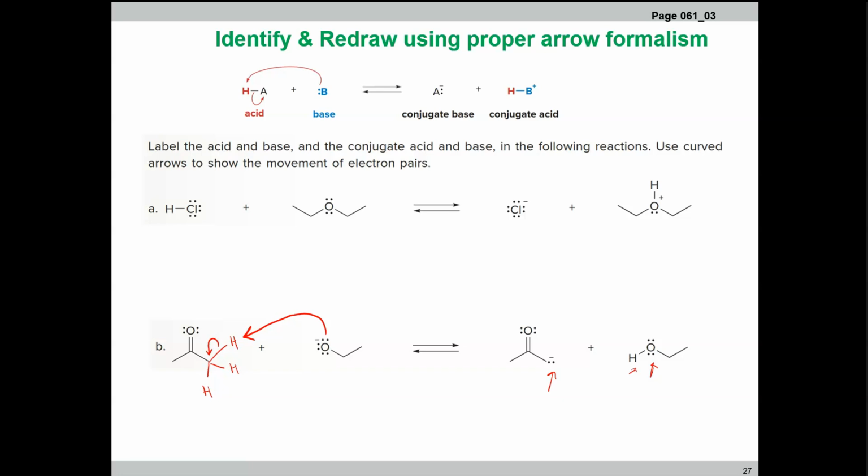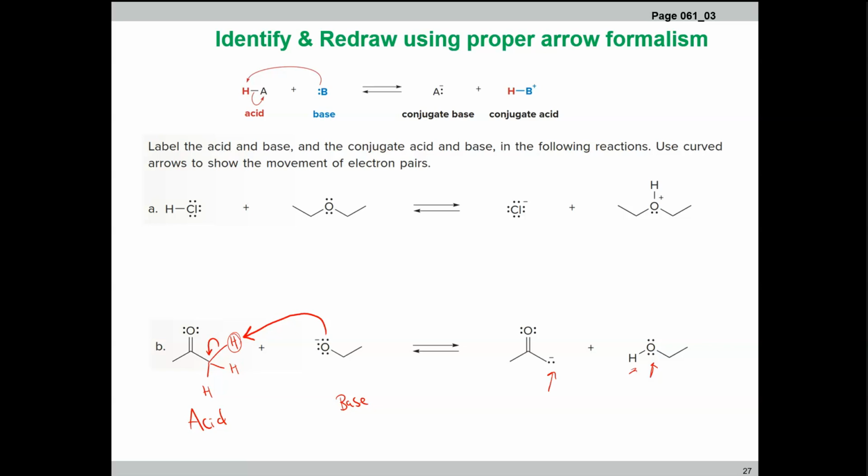Now, based off of this, I know that this is our acid because we're losing a proton here, and this then must be the base because we're gaining a proton and we're also donating a lone pair of electrons.